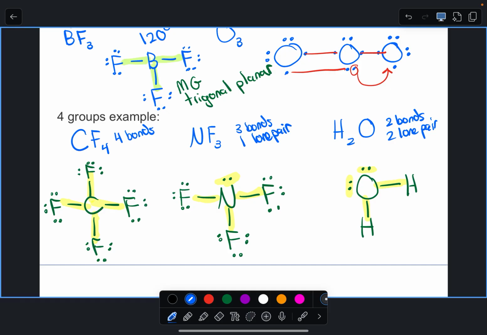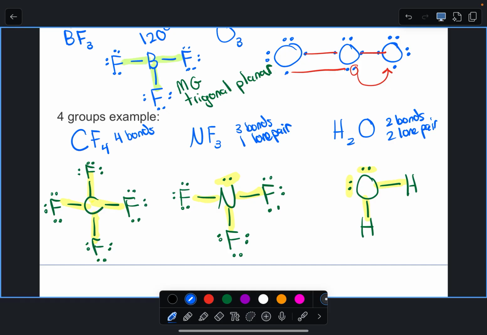I think I can get 109.5. We'll see. Okay, this is 4 things equally spaced in 3 dimensions. Like that. So these 2 are in the same plane, and these 2 are in the same plane, and there's 109.5 degrees from one arm to the next, and from one leg to the next.